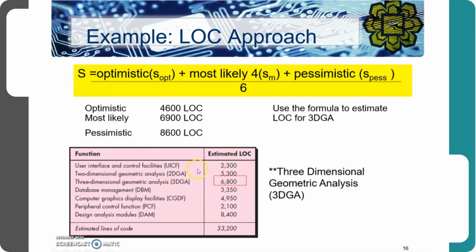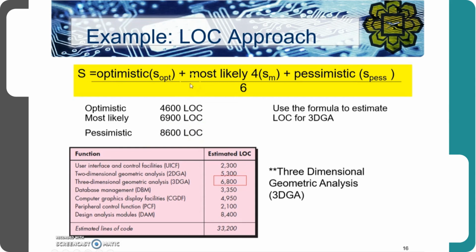For example, the first one we have 2300 and so on. Now let's say we want to calculate the 3-dimensional geometric analysis. We want to estimate the lines of code for the 3DGA function. We are given the assumptions that the optimistic estimate is 4600 lines of code, most likely is 6900 lines of code, and the pessimistic is 8600 lines of code.